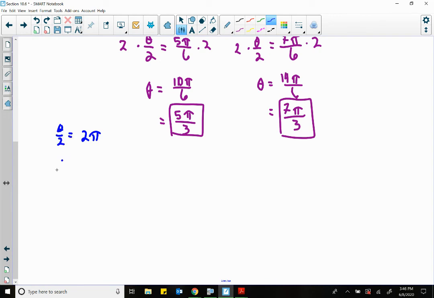So what does the real period for this look like? It's going to be 4 pi. So that means these answers will be 5 pi over 3 plus 4n pi. This answer right here would be 7 pi over 3 plus 4n pi.